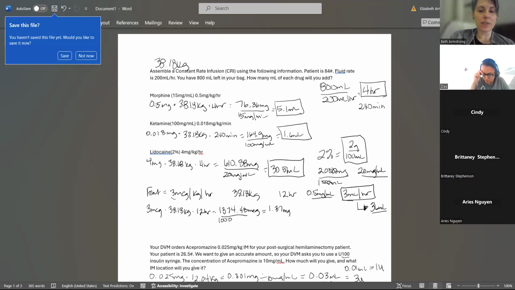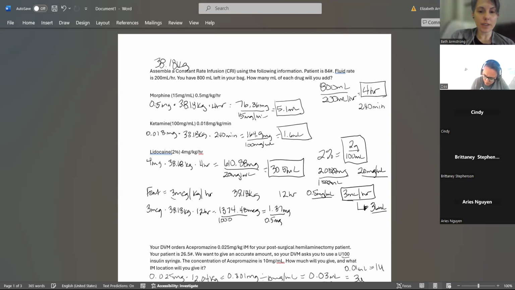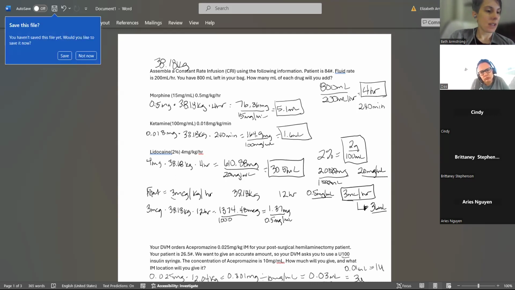And now I need to figure out how many mLs I'm going to do. So now I can use my concentration. I'm going to divide that by 0.5 milligrams per mL.